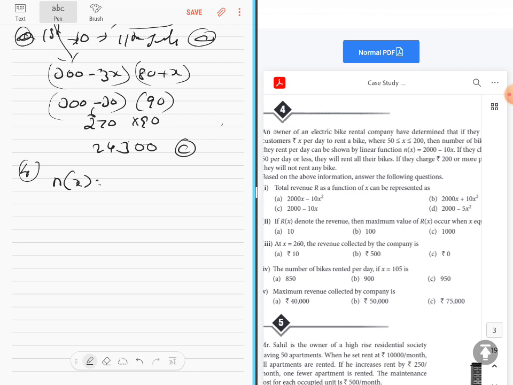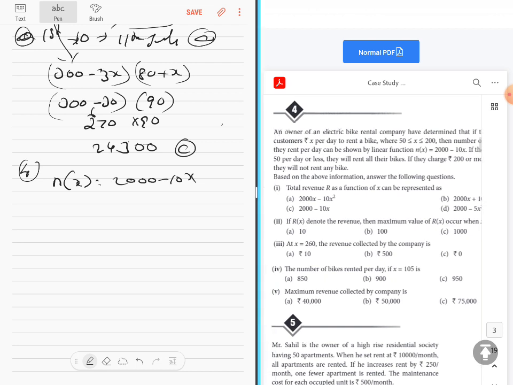They have specified that the number of bikes is 2000 minus 10x, at rupees X per day.